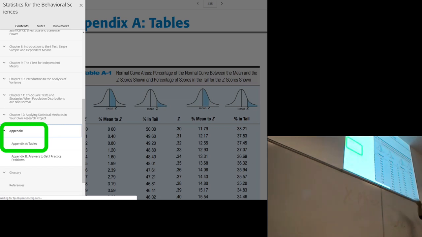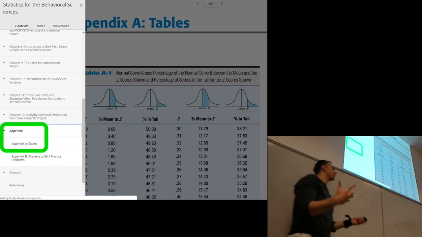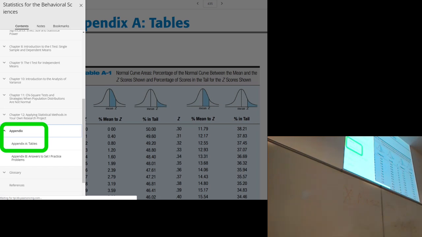So again, if you haven't already, open up your e-text, get that appendix up and running so that you can follow along with the rest of today's class. Go to your contents in your e-text, Appendix A. It's the first one, the unit normal distribution.